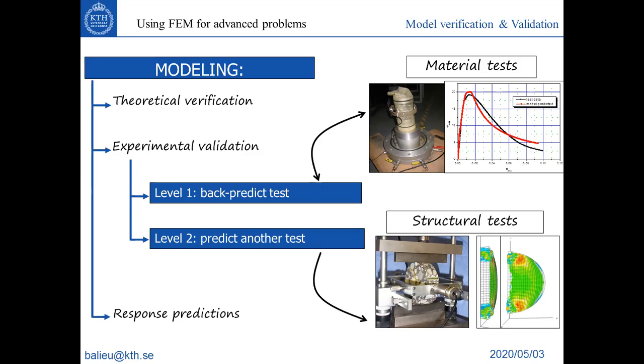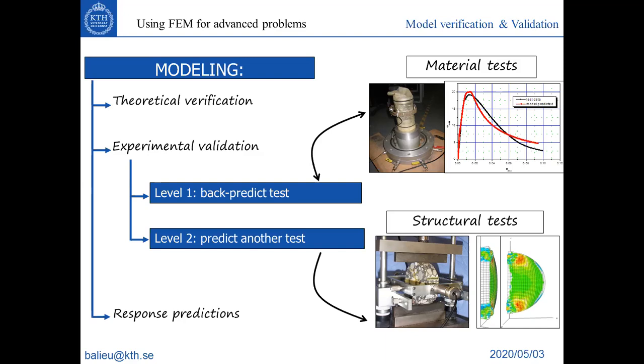So when you have performed the three steps of validation, you can now postulate that your model is able to make some prediction, because the aim of the finite element simulation is to make predictions. That means you want to see what will be the structural behavior of an engineering structure after a certain time.